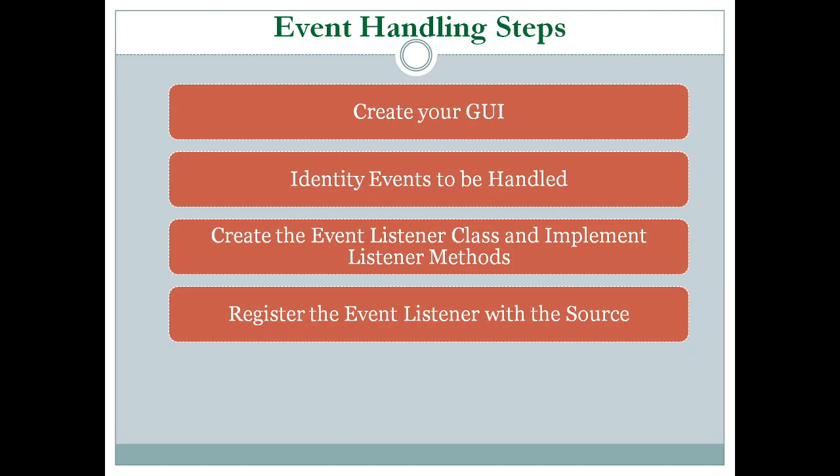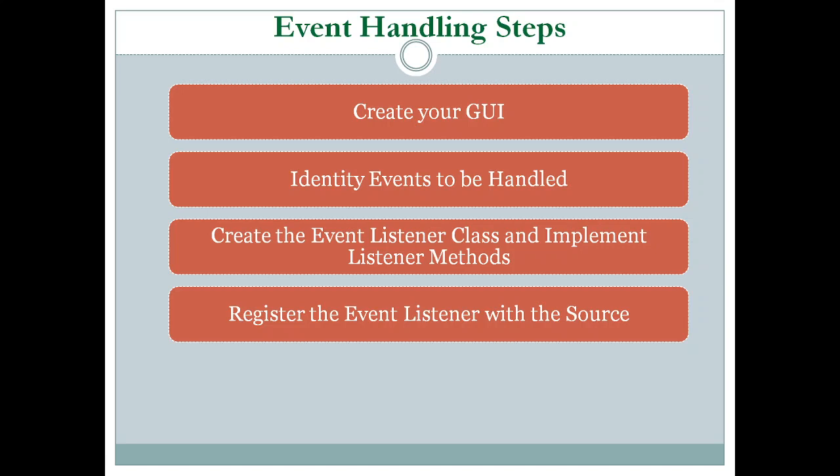So many events are generated by the components in the GUI. But not all events need to be handled in every program. In our program we may want to handle a few events generated by the components. So we need to identify which events we want to handle in the GUI first.